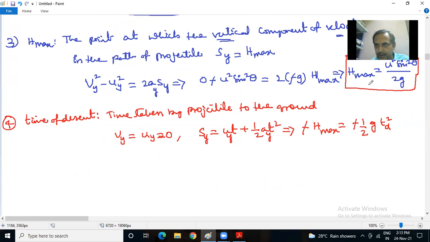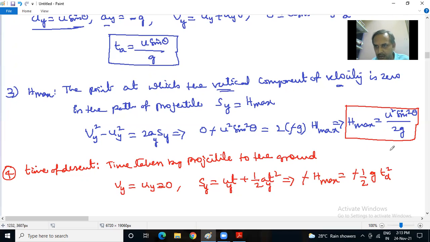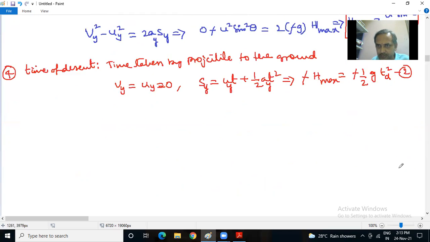Now let us compare H max equal to U square sine square theta by 2G. All this is equation 1. All this is equation 2. So H max is same in vertical direction and downward direction. So U square sine square theta by 2G is equal to half G TD square. 2 and 2 get cancelled. G will come down.